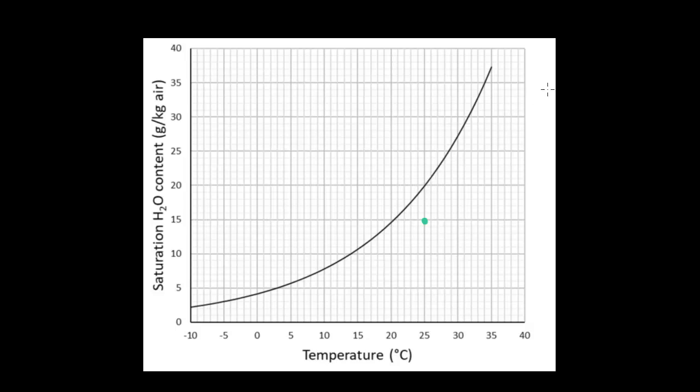Remember that the relative humidity is equal to the absolute humidity divided by the absolute humidity at saturation. We were just told the absolute humidity is 15 grams per kilogram. And if I read my diagram here, the saturation value is up here, and that looks to be 20 grams.